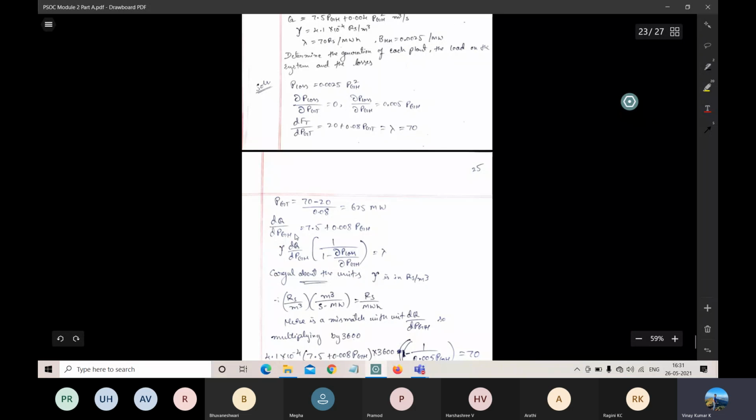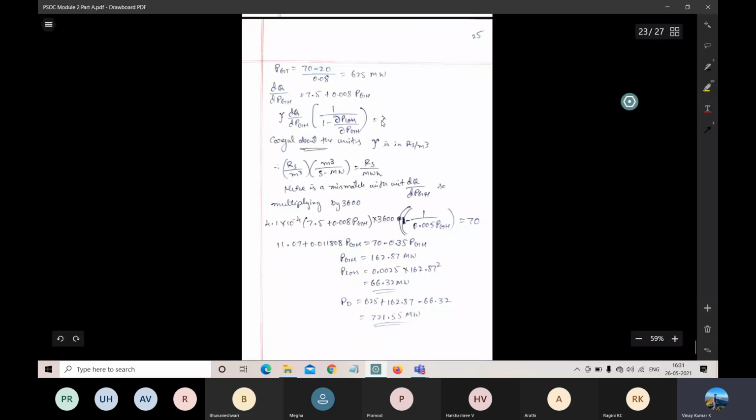Similarly, dQ by dPGH equals this much, and this equals lambda. Gamma dQ by dPGH: this equation we derived yesterday at the end, so we just resubstitute it here. One more thing, we need to look at the units.